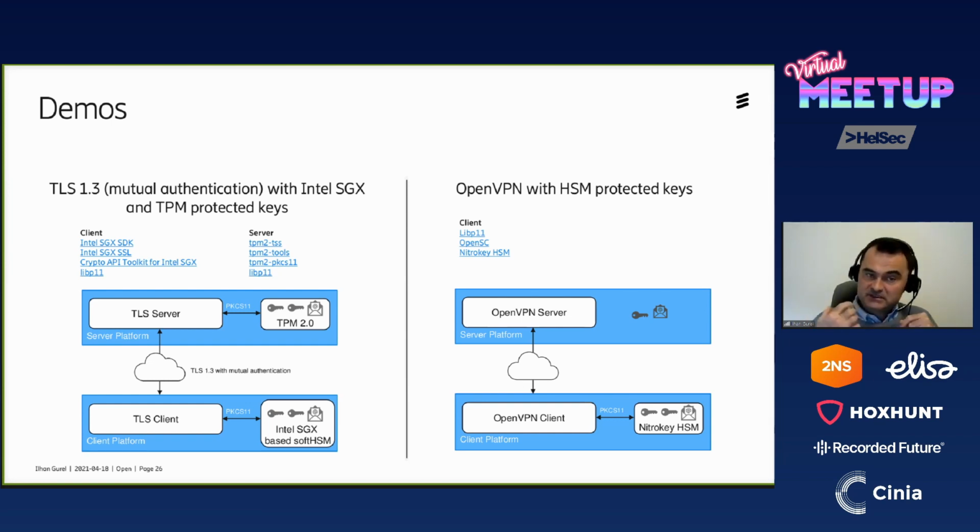Obviously, there are a number of ways you can do this. For example, you can use secure enclaves like Intel SGX, and it's possible to run some of the entire TLS stack within the secure enclave. There are projects; one of them is an open source project, and wolfSSL actually does support it.